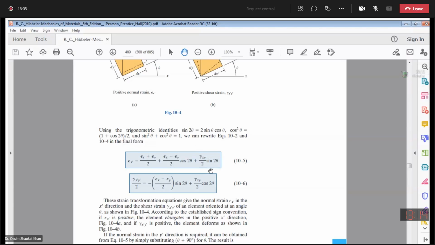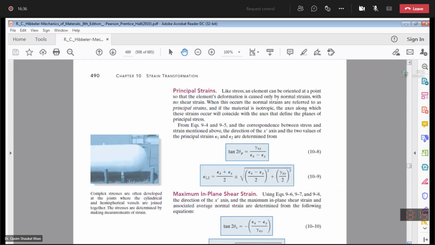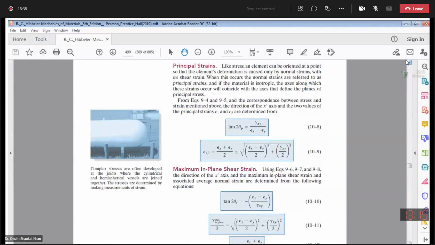In your stress transformation equations, you had tau xy, and in strain transformation equations, tau xy will correspond to gamma xy over 2. So last time we did these normal and shear strain transformation equations. Now today we will start with our principal strain equations.